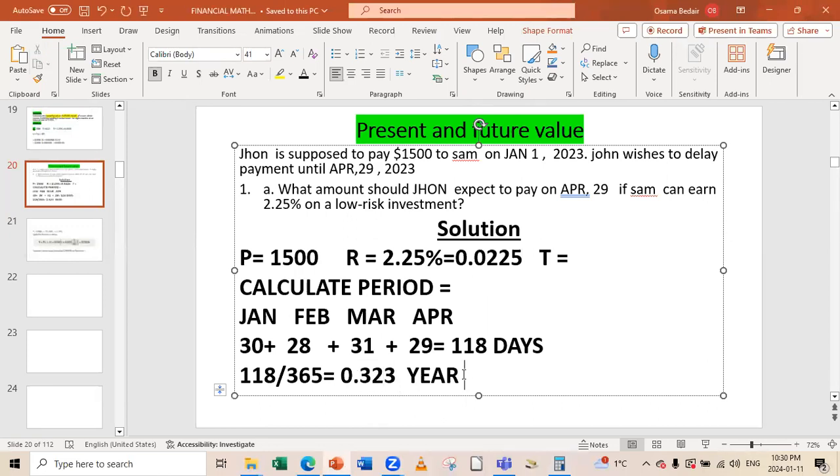Now I have the P, I have the T, and I have the R, the rate of interest.